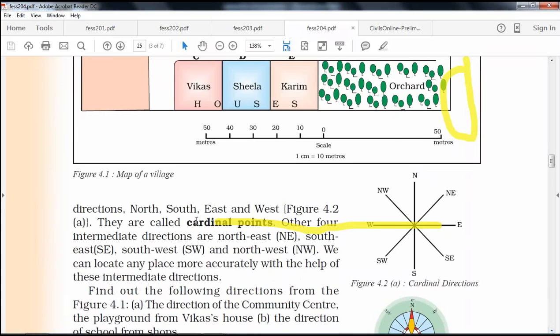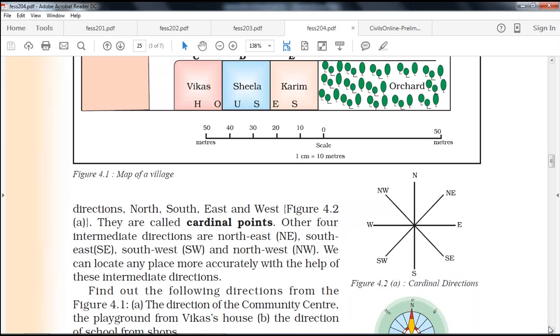The directions north, south, east, west are called cardinal points. And other intermediate directions are also there: northeast, southwest, northwest, southeast, like that. So with the help of these intermediate directions and cardinal points, we will be able to find the direction of any particular place compared to the other places.